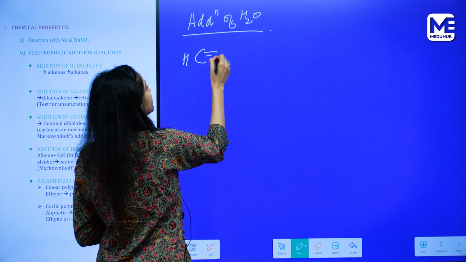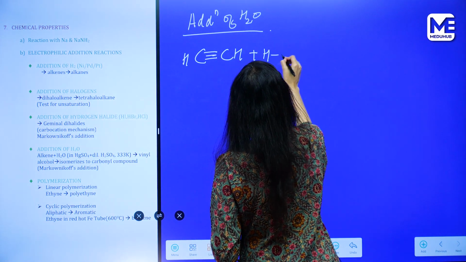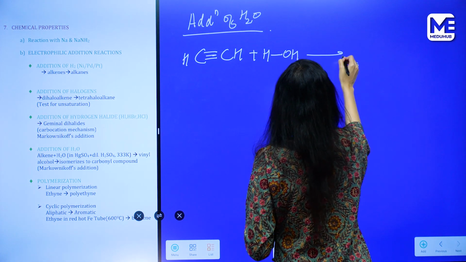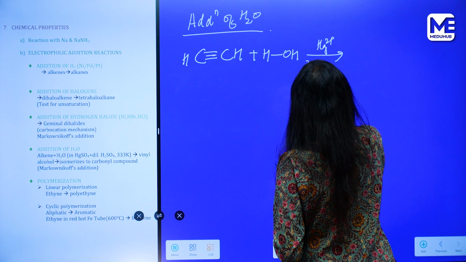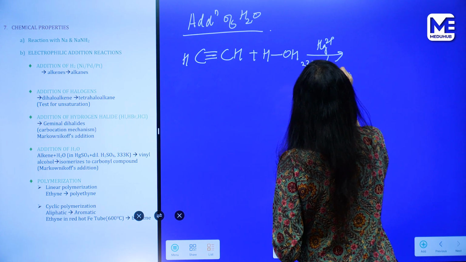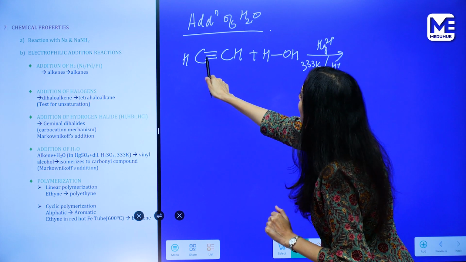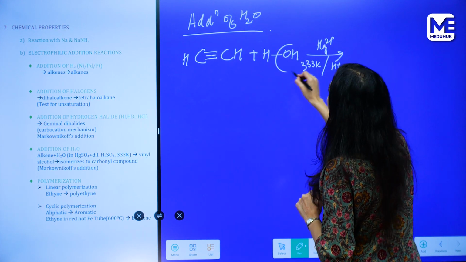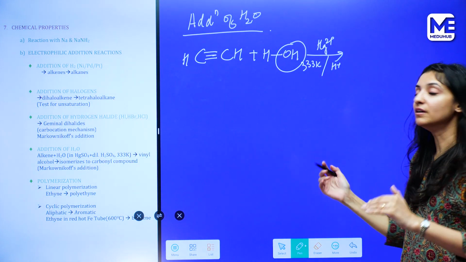Here ethyne reacts with water, HOH, Hg2 plus, 333 Kelvin, H plus, dilute sulfuric acid and mercuric sulfate. The negative part of the addendum again attaches itself to the carbon which has less number of hydrogens here.